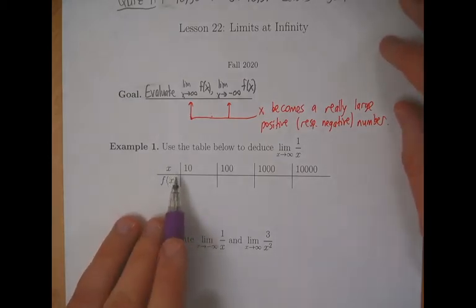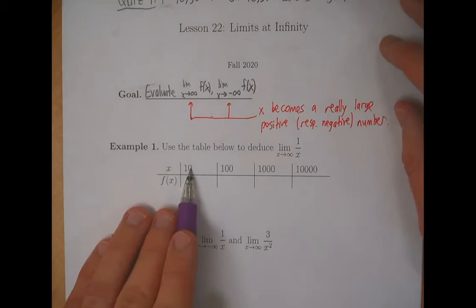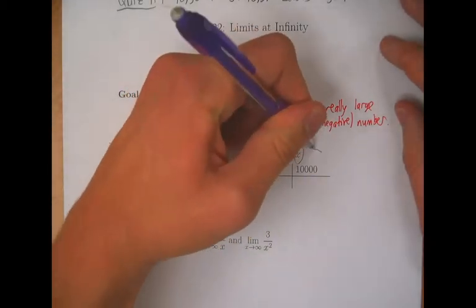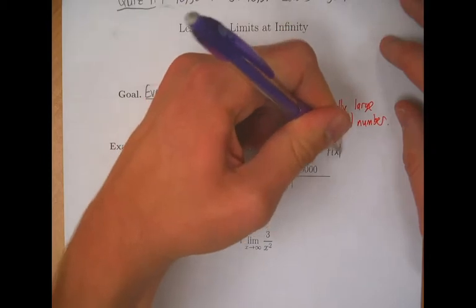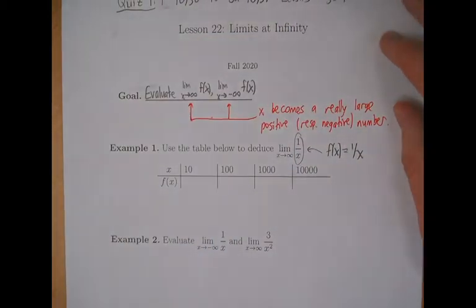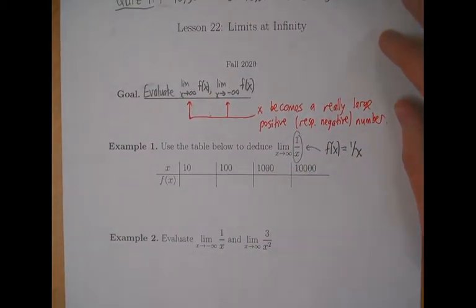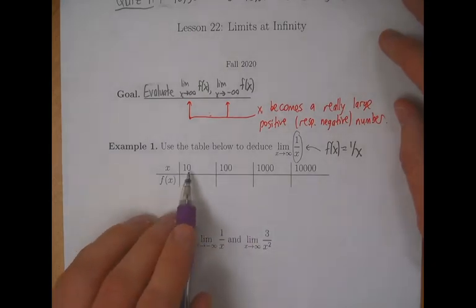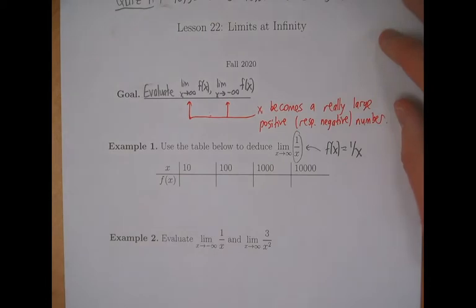So what we're going to do is say, if we let x equal 10, and we let f of x equal 1 over x, then let's fill this table in. So if x equals 10, then f of x would equal what?